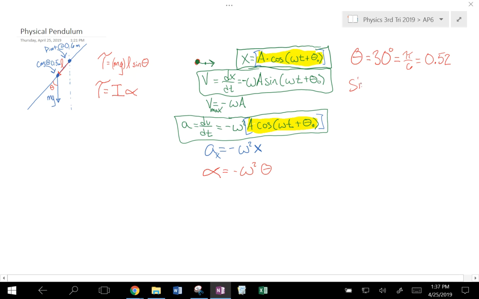What about the sine of theta? What about sine of 30 degrees, I should say?